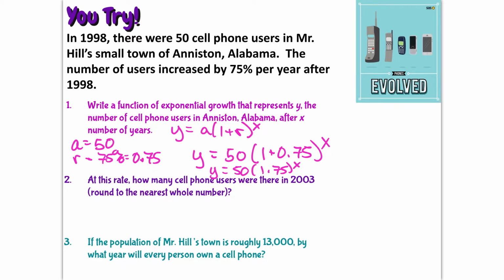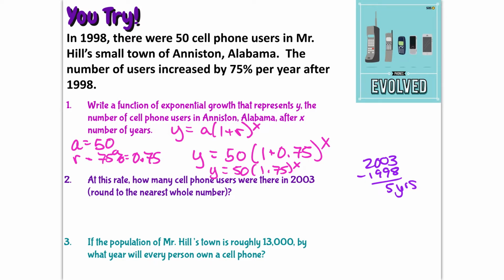So the next question: at this rate, how many cell phone users were there in 2003? Round to the nearest whole number. So here's where you have to do some simple subtraction to figure out how many years are between 1998 and 2003. So 2003 minus 1998, there were 5 years.